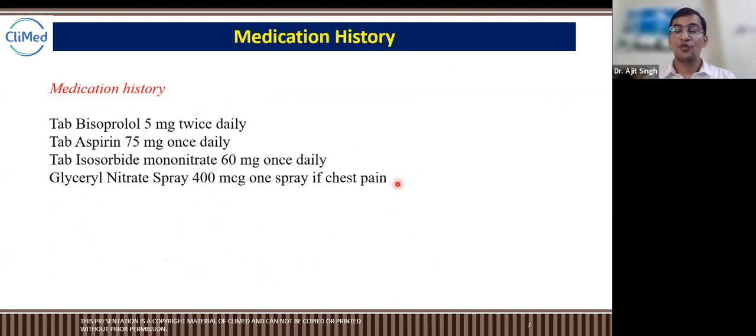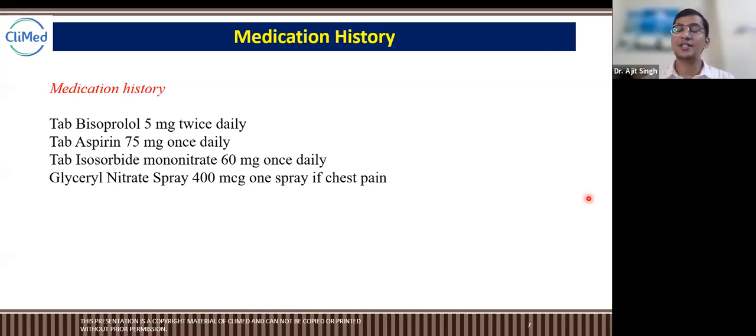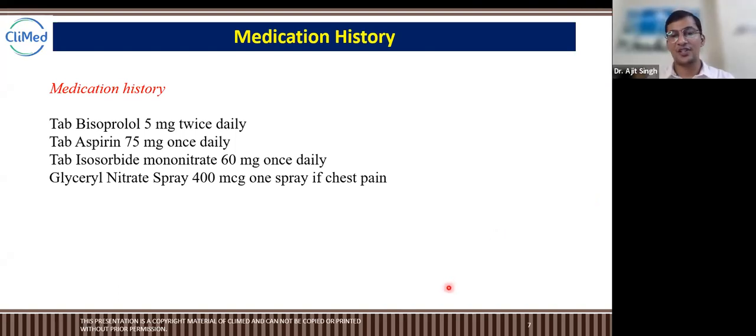Now tell me, what are the risk factors in this patient? Chronic alcoholic and smoker. Ischemic heart disease with MI. Myocardial ischemia.